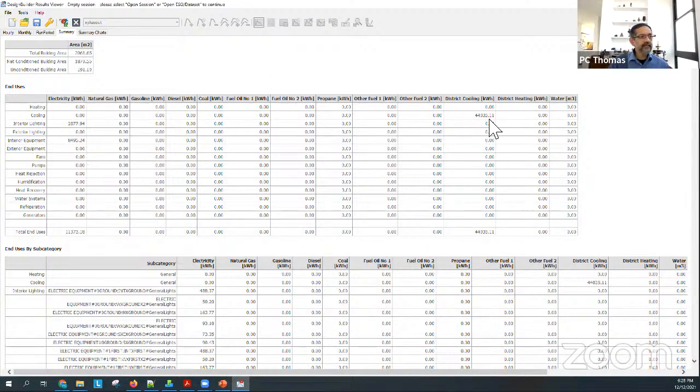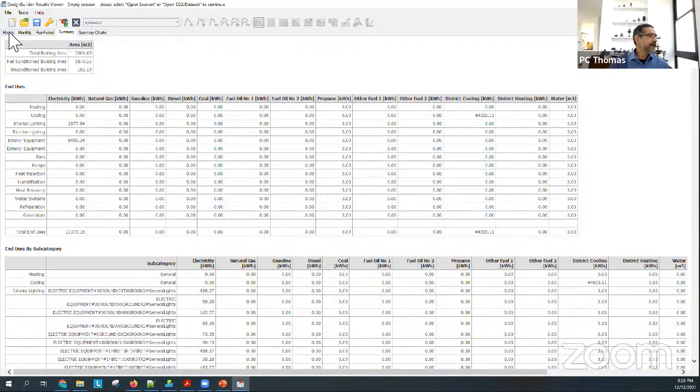But you can see here that it has estimated a thermal energy requirement of 44,000 kilowatt hours, I should say, sorry, for the energy used for the month of July.